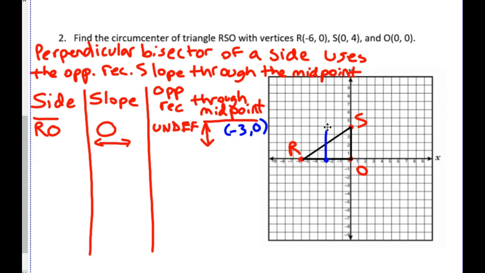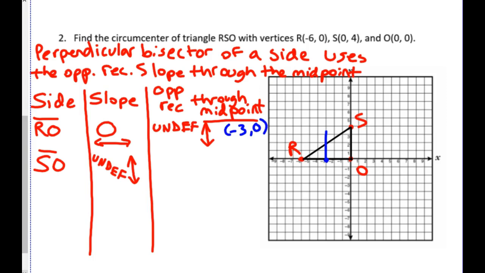Right? Next one. Let's do SO. Okay. So SO is what slope? Vertical is undefined.